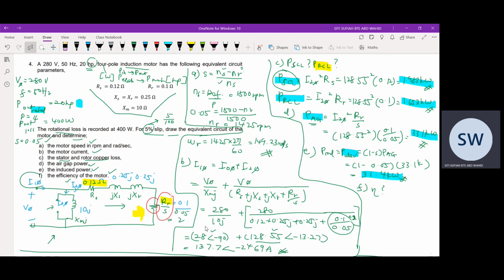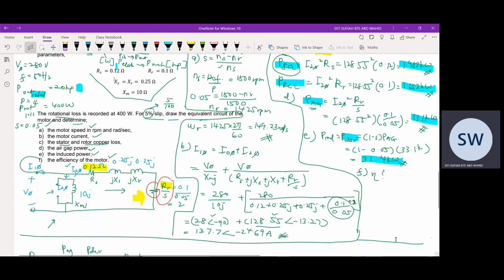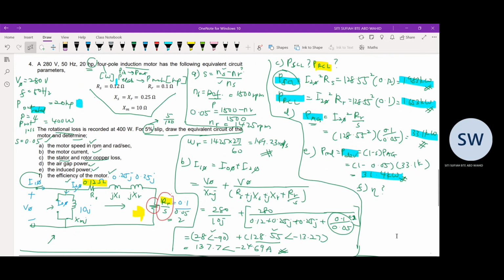In this question until now, it is not stated whether this motor is operating at full load or at rated condition. There's no such statement, so you cannot simply use P out equal to 20 HP. But first let's label the values.